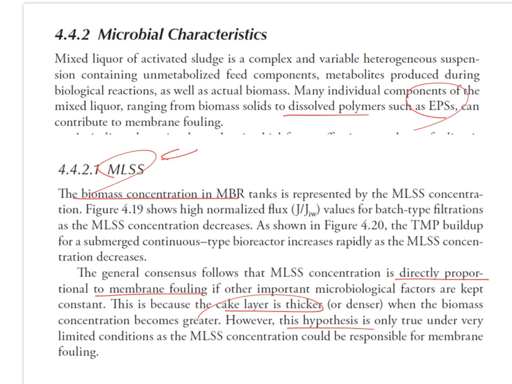But this hypothesis is only true under very limited conditions, because if you increase MLSS, other biochemical conditions change together with it. It is only ideal to simply increase MLSS while keeping other conditions constant. So this is why the effect of MLSS on membrane fouling is complicated.